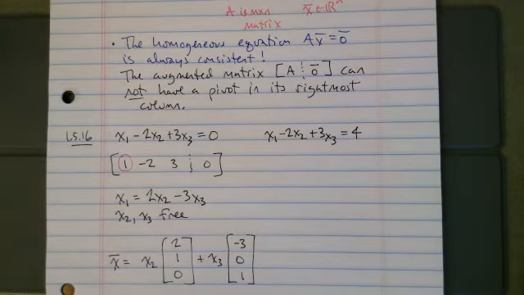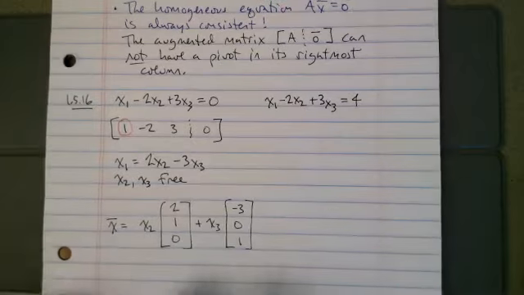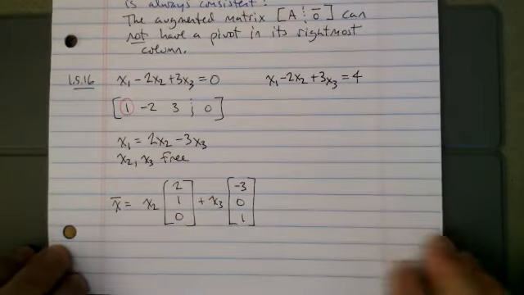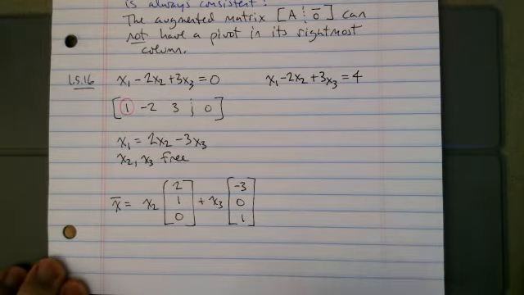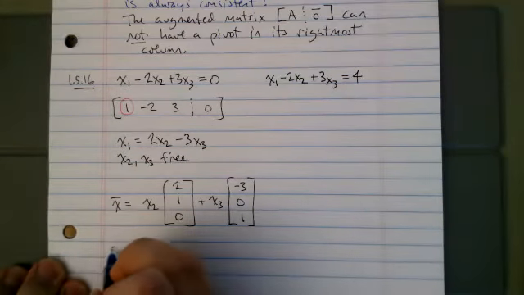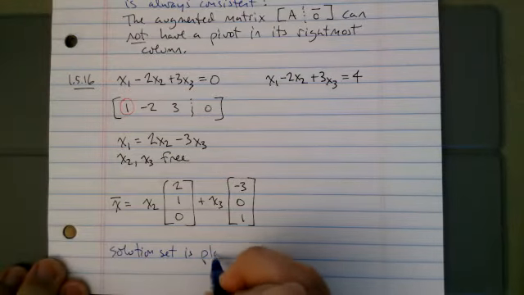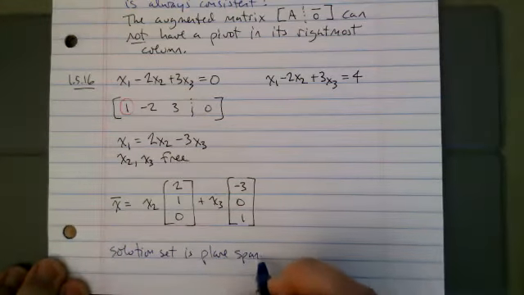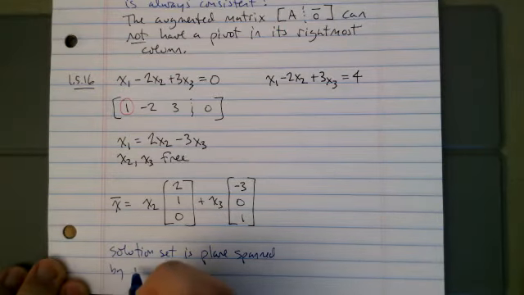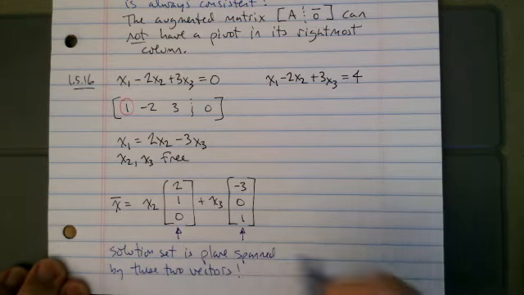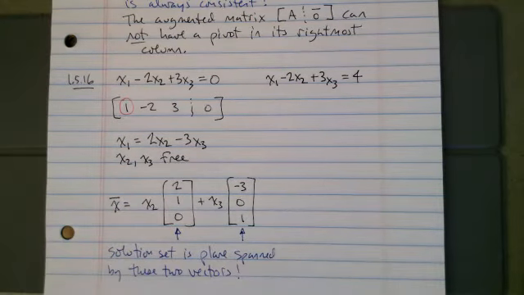So there's the solution set in parametric vector form. The solution set to the homogeneous equation is the plane spanned by these 2 vectors.